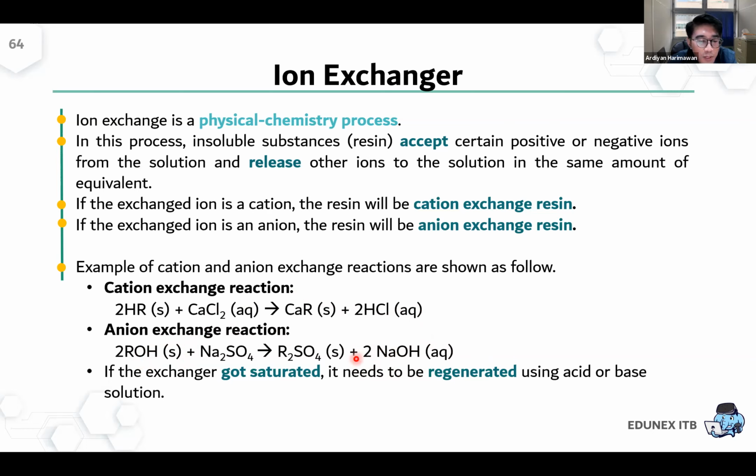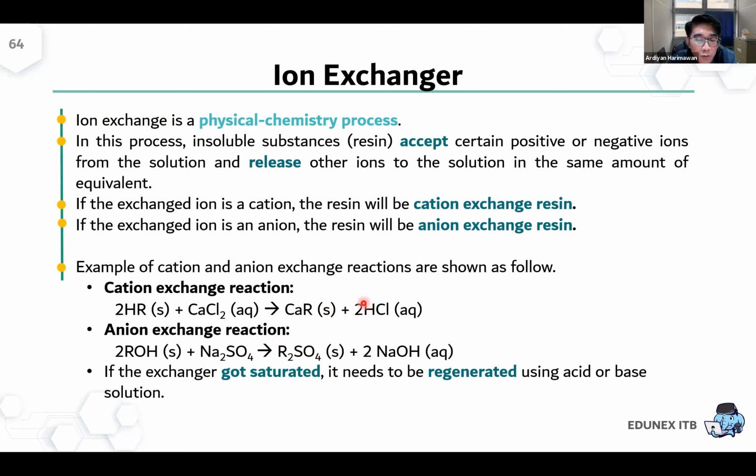Okay, from the reaction you can understand that because we put the resin inside the column, and then the water flows through the column, and while flowing into the column, the resin will work. It means the reaction will happen. So if you have a lot of water treated, because the amount of resin placed in the column is limited, right?